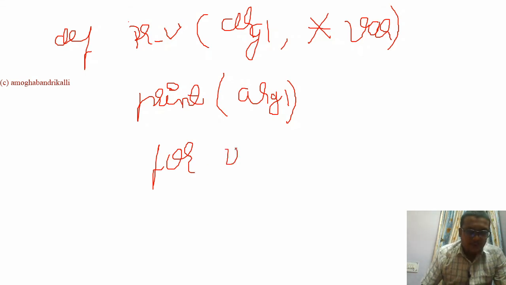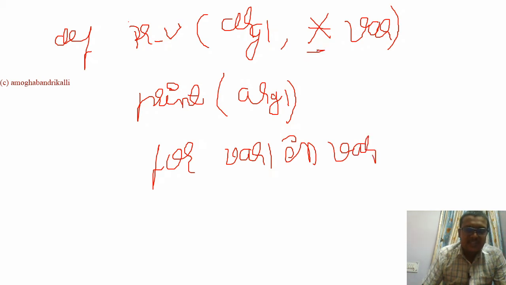So for var, iteration variable1 in var. This asterisk is going to tell that it is going to address based on the memory values. So you are writing iteration variable1 in argument var.